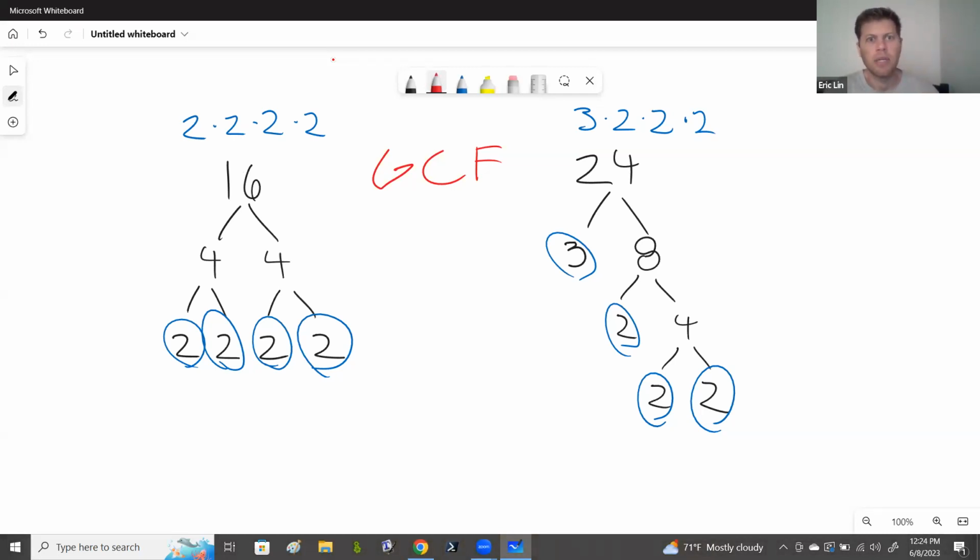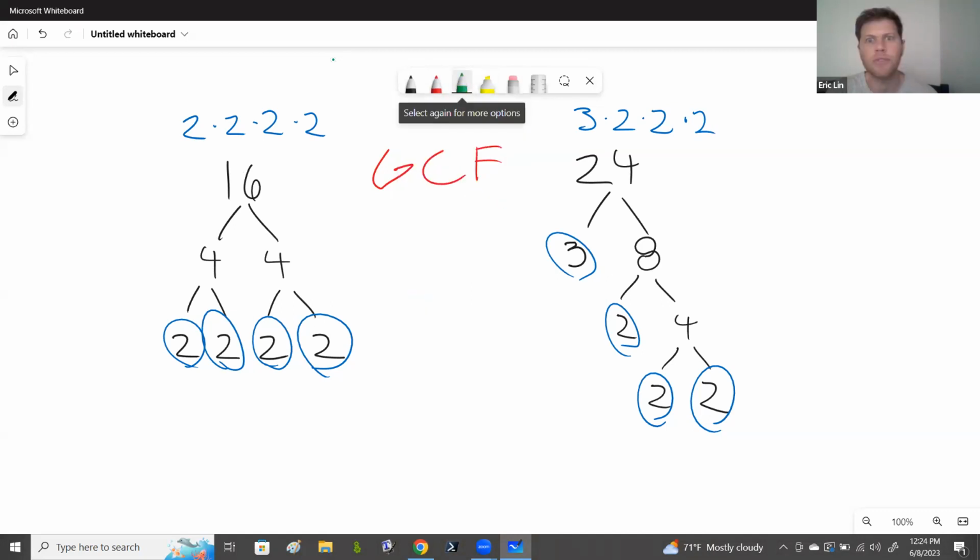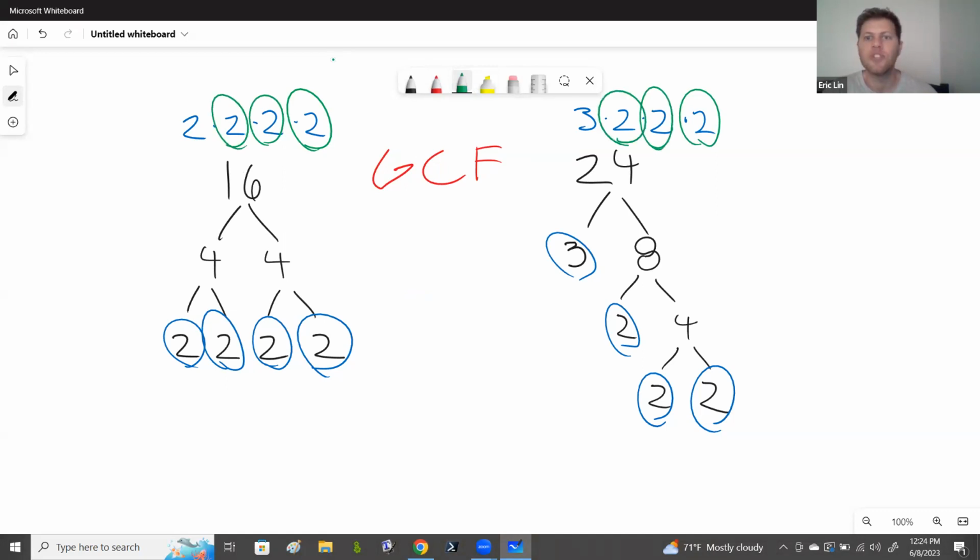So I'm going to use green. I notice that each of these has at least three 2s. So they have three 2s in common. Remember, three 2s multiplied together is 8. So we know that we have at least 2 times 2 times 2 in common, which is 8.